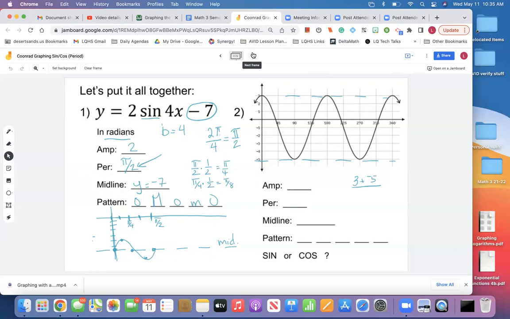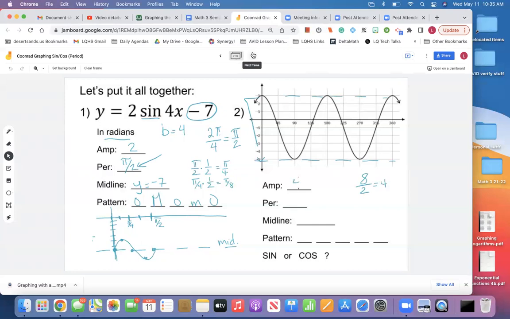No, well, that'll give me my amplitude, but I don't like formulas. I like looking at them. But anyway, how far is it from 3 to -5? That's 8, right? And 8 divided by 2 is 4. So the amplitude is 4.